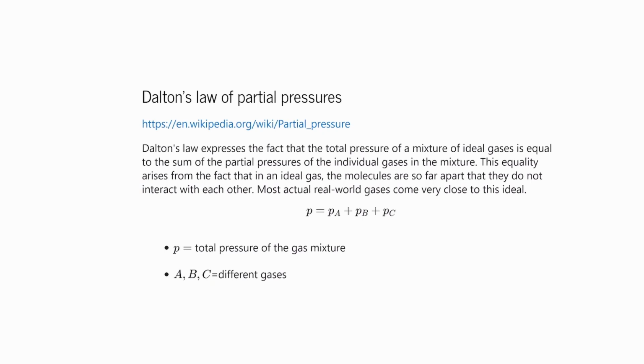So for our atmosphere, if you take the partial pressure of all gases together, you have the total pressure of the atmosphere. So for example oxygen, nitrogen and CO2 and so on. But as we are talking about carbonate system in this video, I'm just going to focus on CO2 partial pressure because this is the reactive gas forming the carbonic acid.